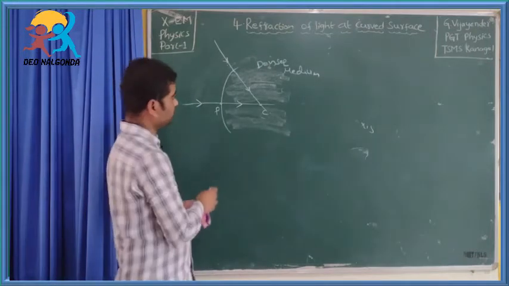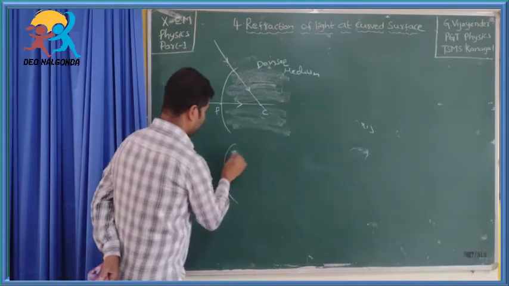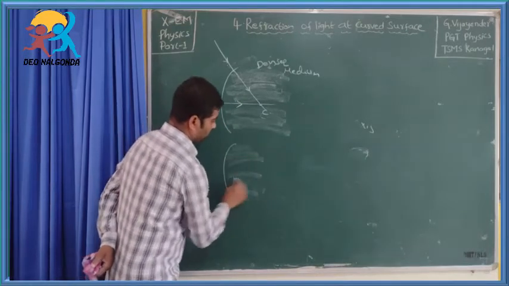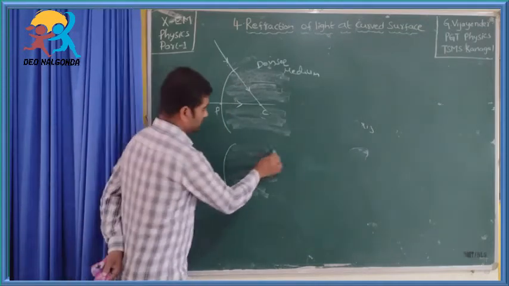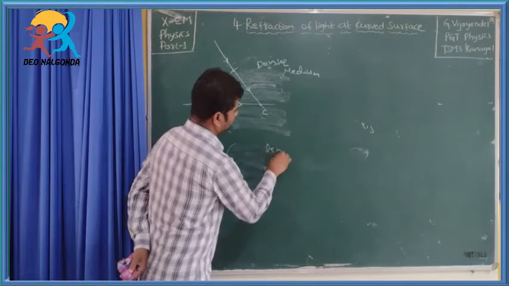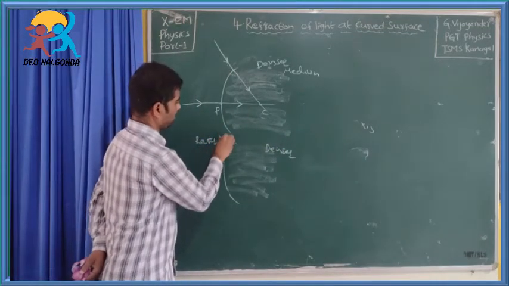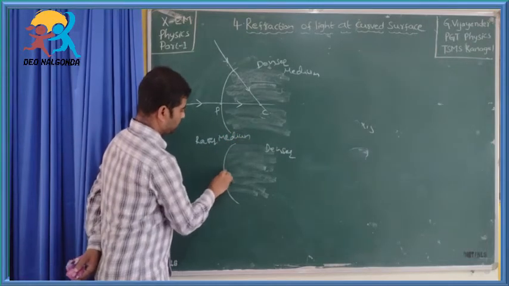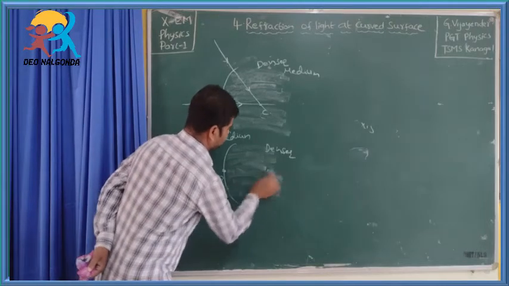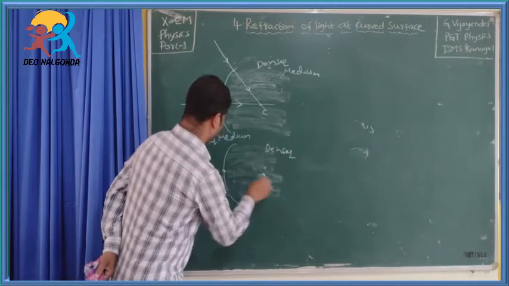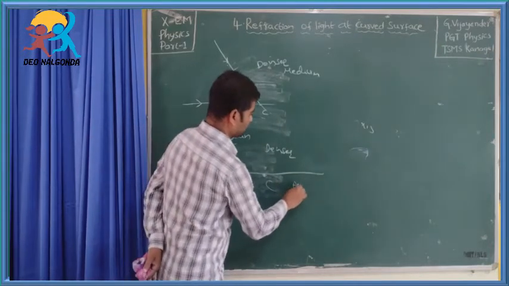Now take another case. Here is a curved surface, and this is the denser medium, this is rarer medium. Pole, center of curvature, the line passing through pole and center of curvature is principal axis.